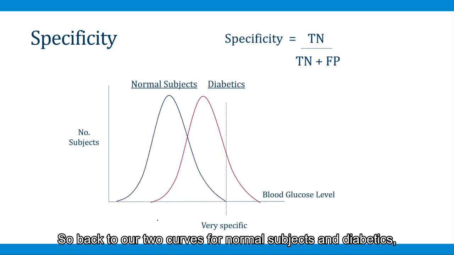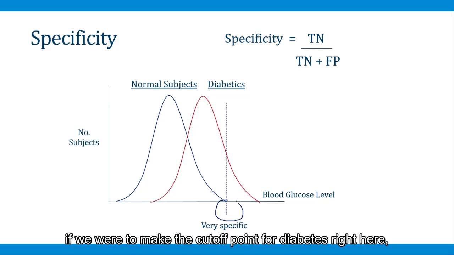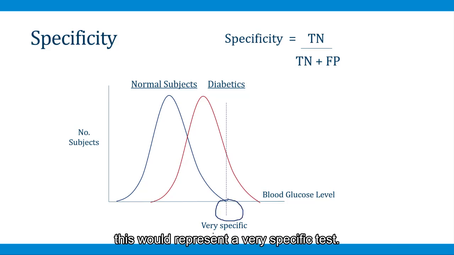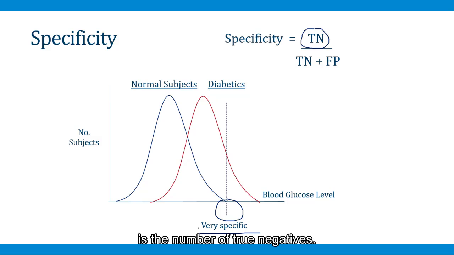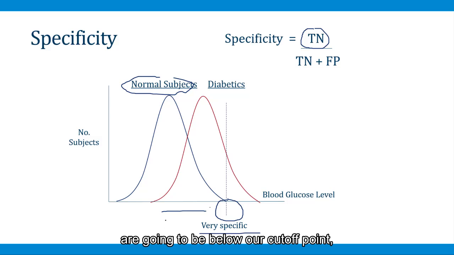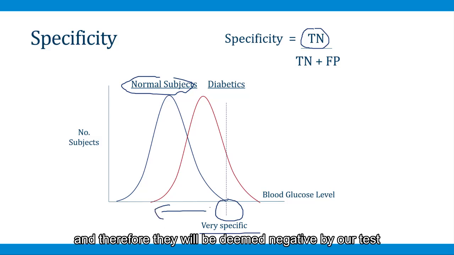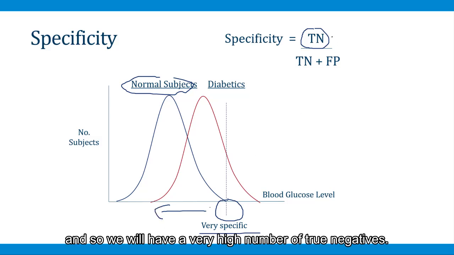So back to our two curves for normal subjects and diabetics. If we were to make the cutoff point for diabetes right here, this would represent a very specific test. Remember that the numerator for specificity is the number of true negatives, and by making the cutoff point here, we maximize the true negatives because all of the normal subjects are going to be below our cutoff point, and therefore they will be deemed negative by our test, and so we will have a very high number of true negatives.